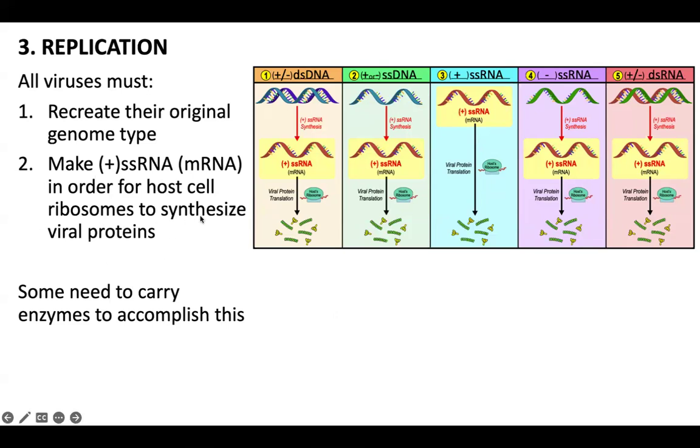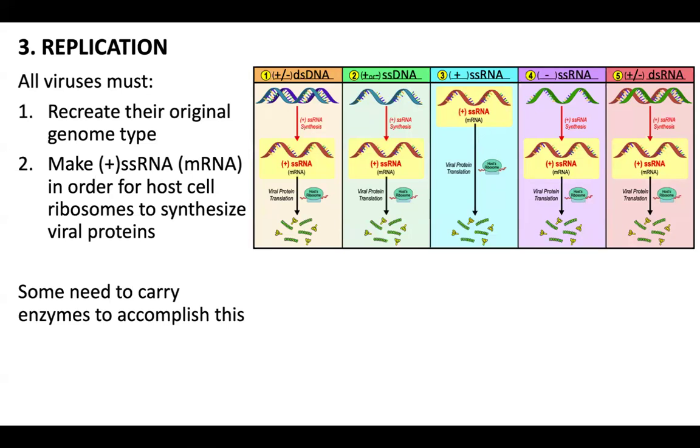So for translation to occur, it needs mRNA, that messenger RNA. And so some types need to carry enzymes around to actually accomplish this. They can't just show up at a host cell and be able to do this because not all the enzymes that the virus needs are available in the host, and I'll show you what that means in a moment.